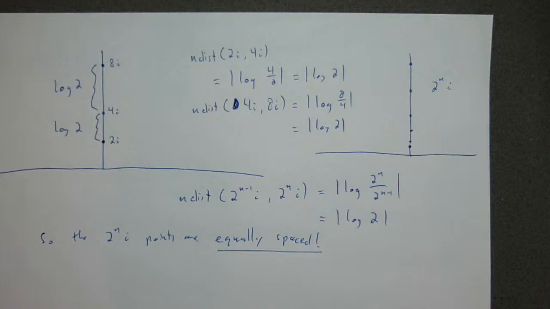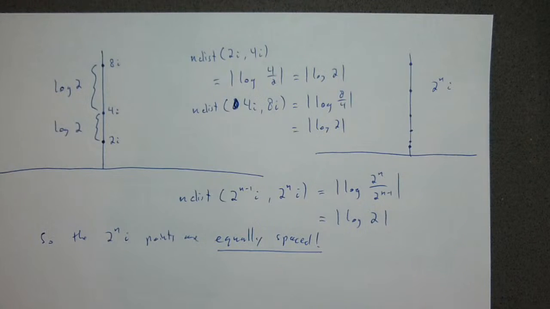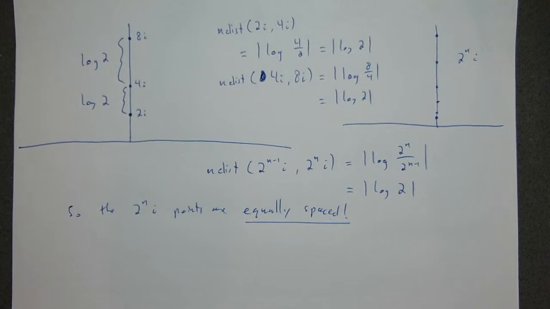Similarly, if you plot out a bunch of these 2 to the n points, they are equally spaced, but they certainly don't look that way. What this tells us is that distance and scale act a little weird when it comes to non-Euclidean stuff. I'll show you one picture and then I'll be done for today.